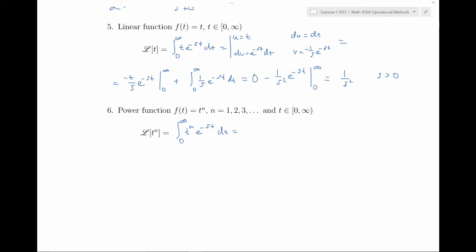We can get away with just doing one integration by parts. So u is just going to be t to the n. dv is e to the minus st dt. This makes du to be n t to the power n minus 1 dt. And v is minus 1 over s e to the minus st.